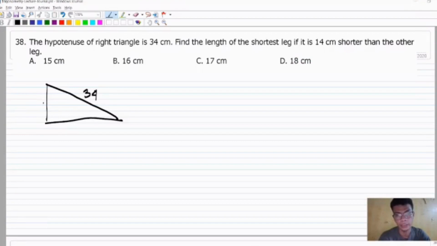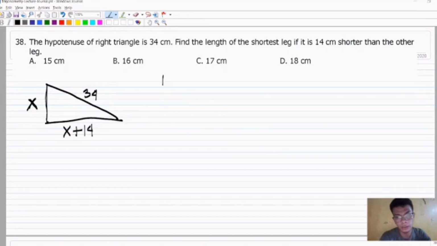The unknown here, yung tinatanong sa problem, is the length of the shortest leg. So yung shortest leg na to, siya ang unang-una nating lalagyan ng variable x. And sabi diyan, yung shortest leg is 14 centimeters shorter than the other leg. So ibig sabihin kung x itong shortest leg, yung mas mahabang leg ay dadagdagan natin ng 14.